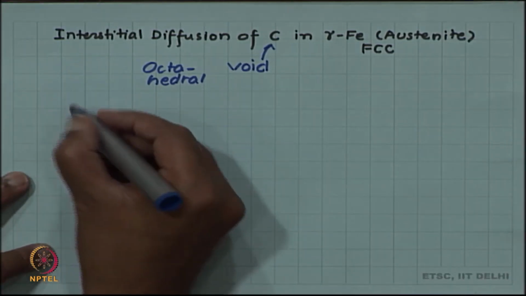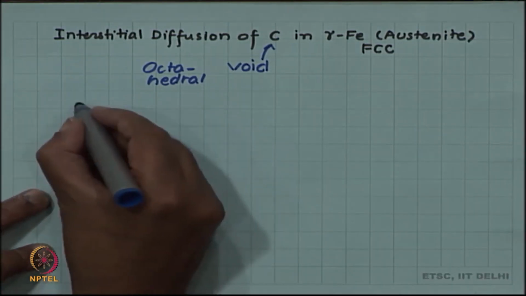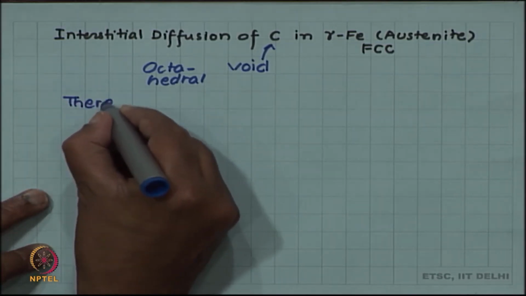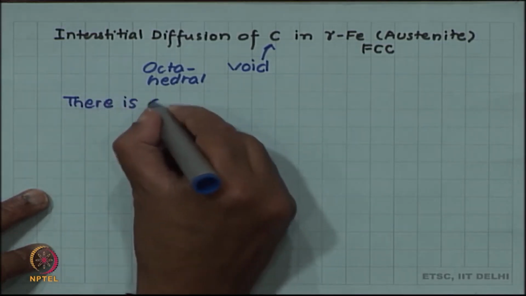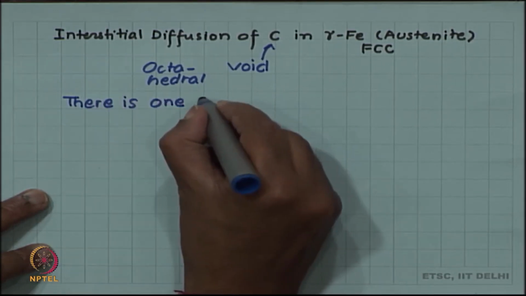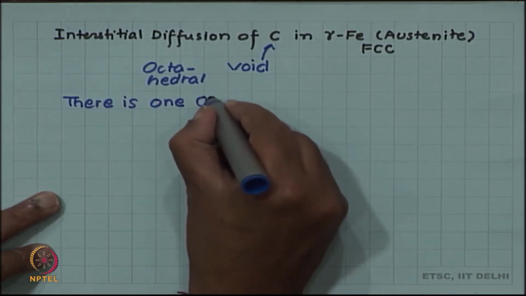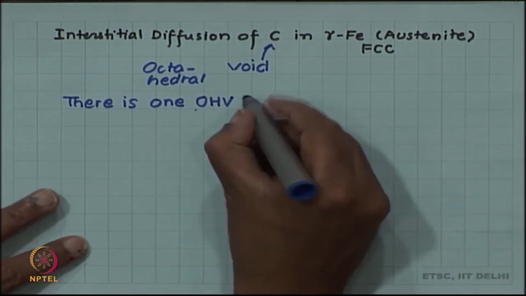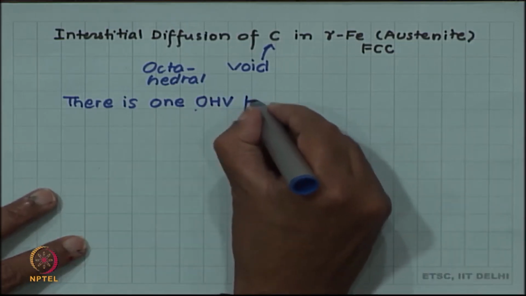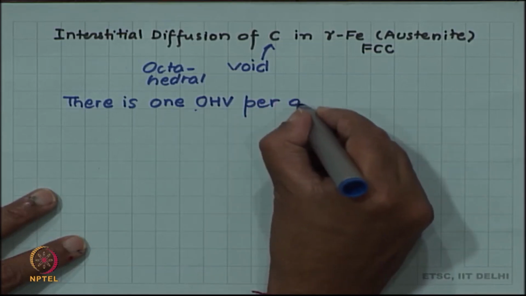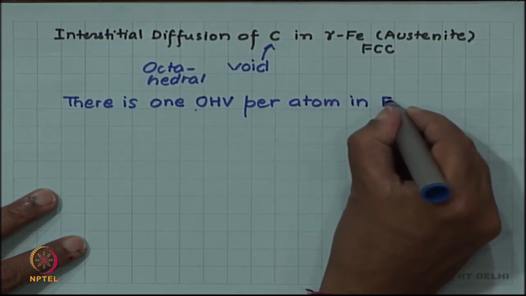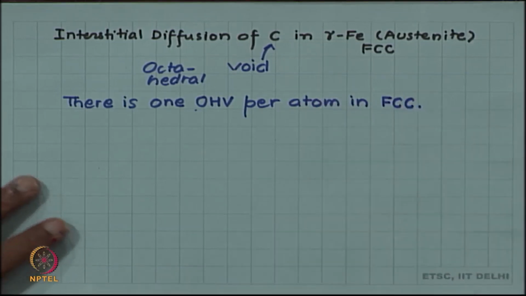If you now recall, when we discussed voids, we said that there is one octahedral void, let me write OHV for octahedral void, per atom in FCC.